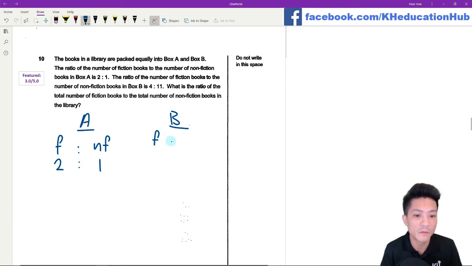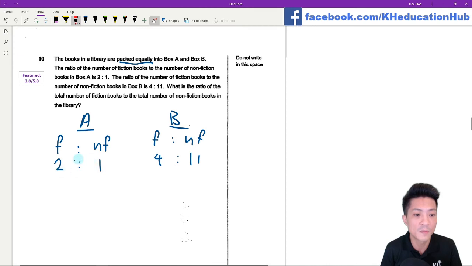For box B, fiction is to non-fiction will be 4:11. Okay, the key word is they are packed equally. Which means that the number of units in box A should be equal to the number of units in box B.